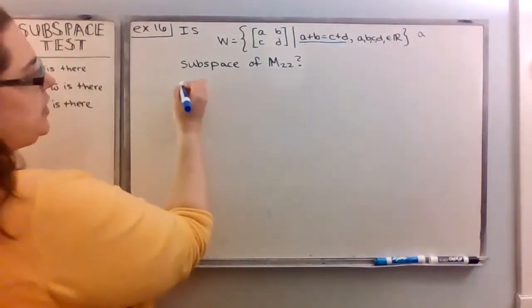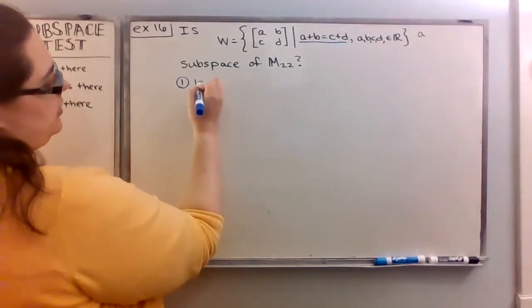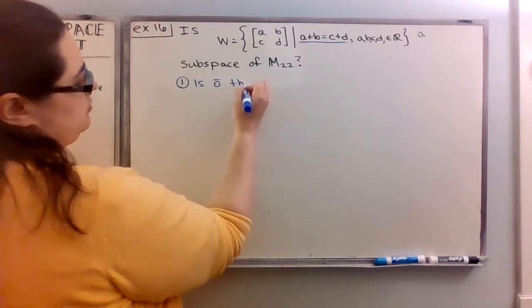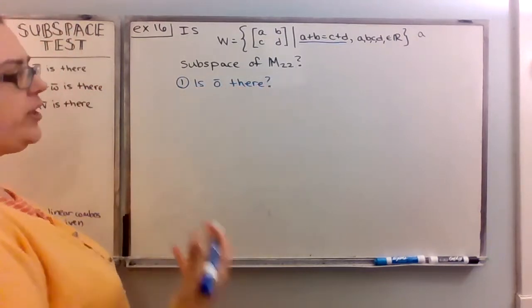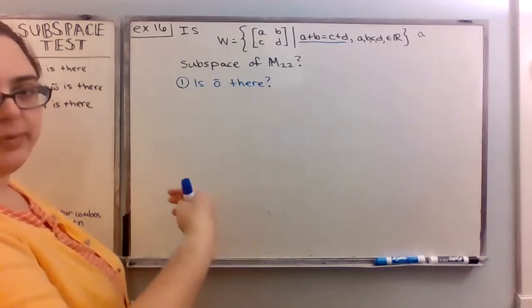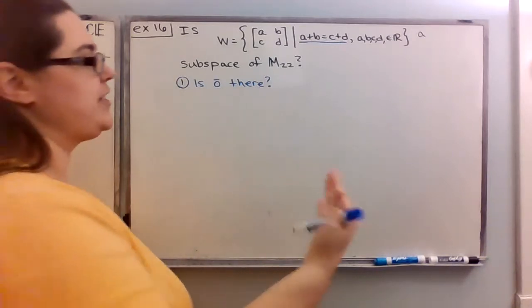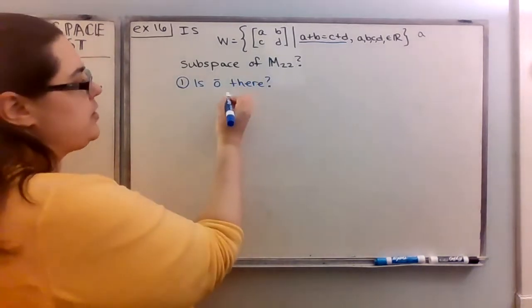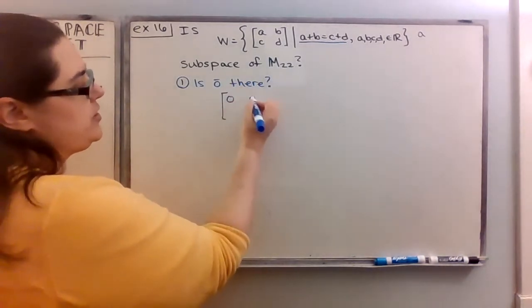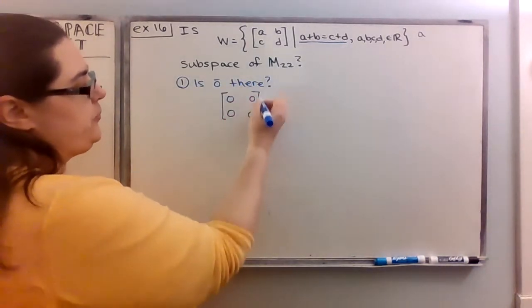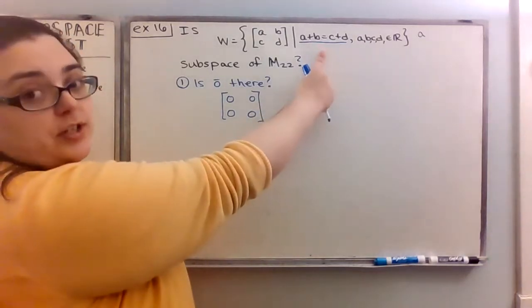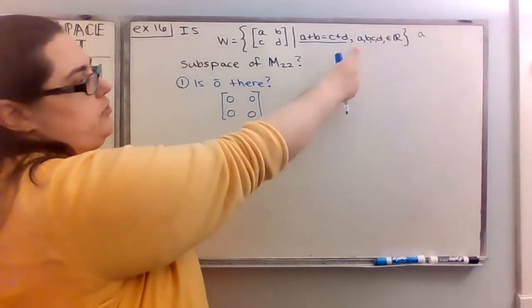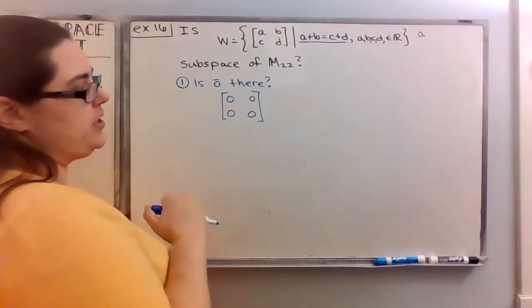So the first test is 0 there. So we know that if we are adding matrices, that the additive identity is going to be the 0 matrix. So we're going to have 0, 0, 0, 0. So we have to check in particular that this condition is met, because 0 is a real number, so we're good with that piece.